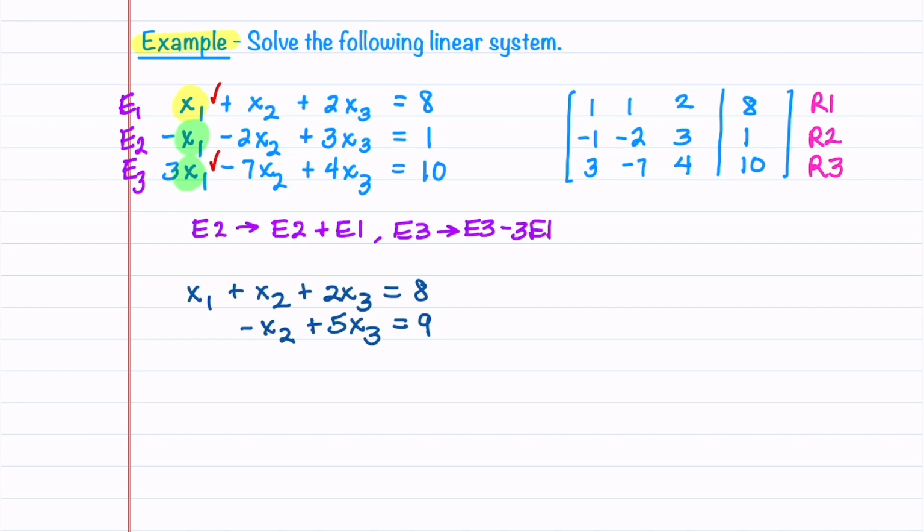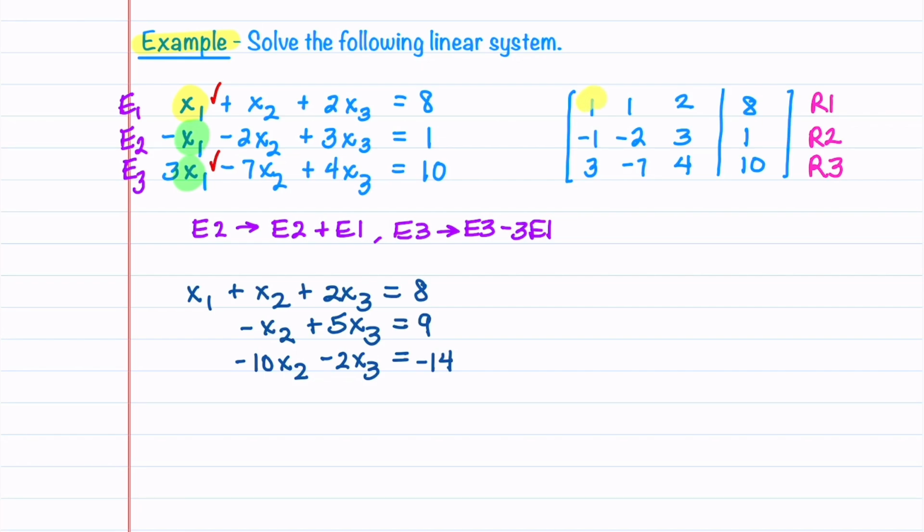When we do that, we get 3x1 minus 3x1 is 0, and then minus 7x2 minus 3x2 gives us a minus 10x2, and then 4x3 minus 6x3 gives us a minus 2x3, and then 10 minus 24 gives us a minus 14.